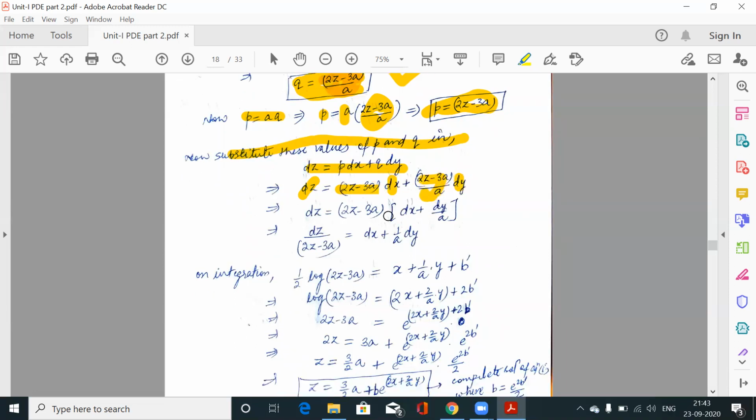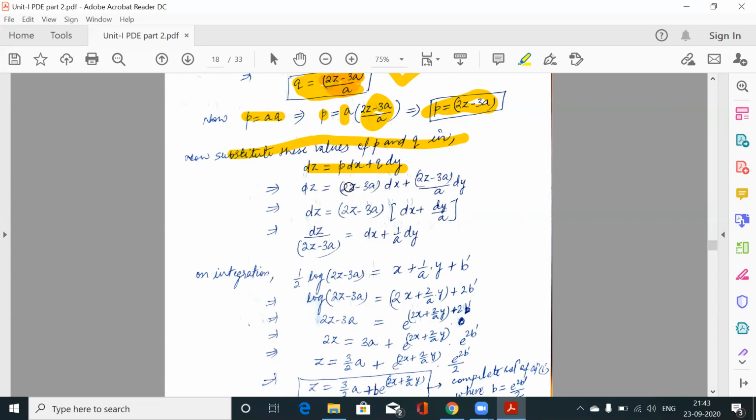Now this is not directly integrable. Why? Because I told you that with dx we must have a constant term or x terms. Similarly, for dy we must have as a coefficient terms containing a constant or y. Then only these terms are directly integrable. Otherwise we have to make some adjustment or modification.